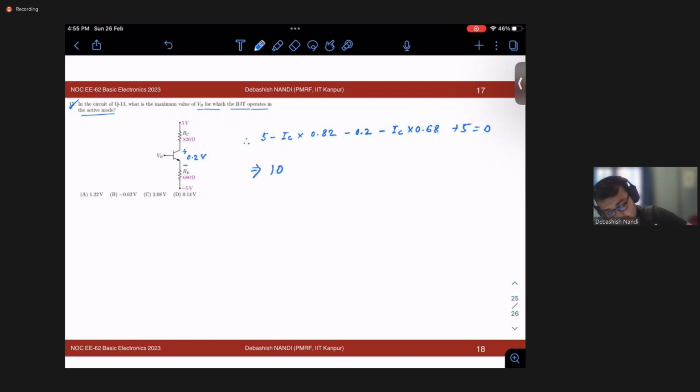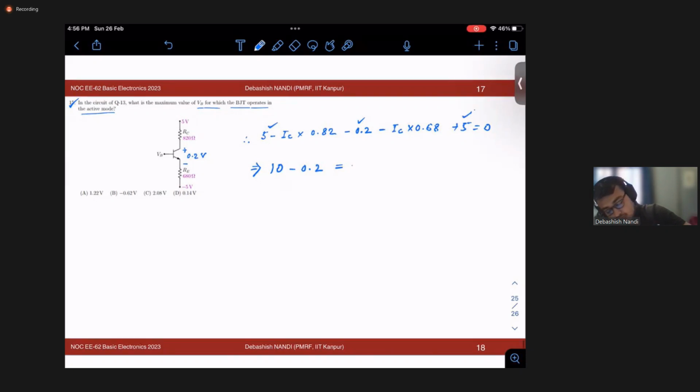That means 10 minus 0.2. That means your 0.82 plus 0.68 is 1.5 into IC. So IC is equal to 9.8 by 1.5, which is 6.53 milliampere.